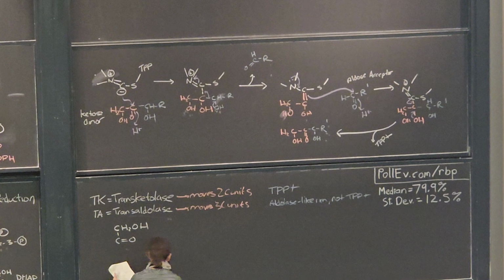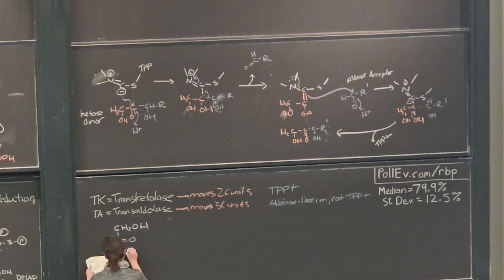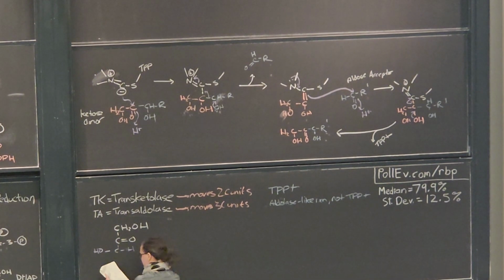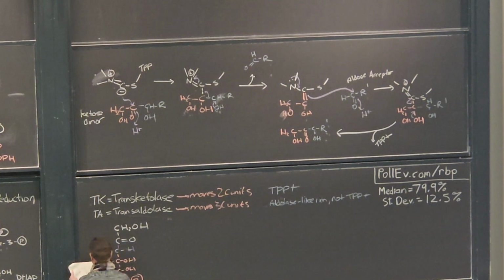So this is our ketose. I'm going to color code the carbons like this. This happens to be fructose 6-phosphate, but it could be any ketose.